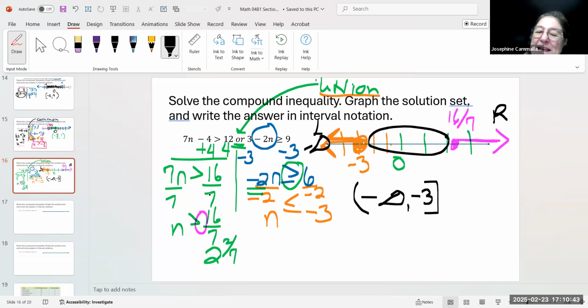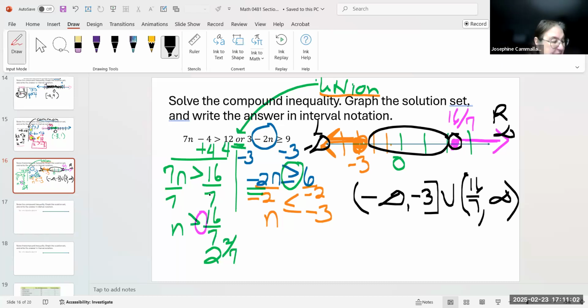How do I indicate I have a gap? There's my U. And this should have been an open circle, okay? This should have been 16/7 to positive infinity. I'm going to infinity out here.